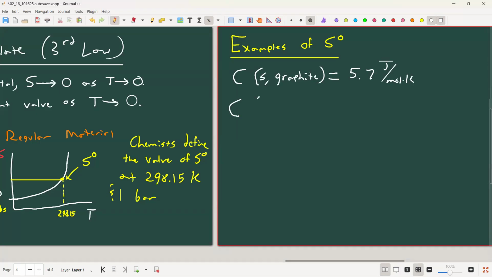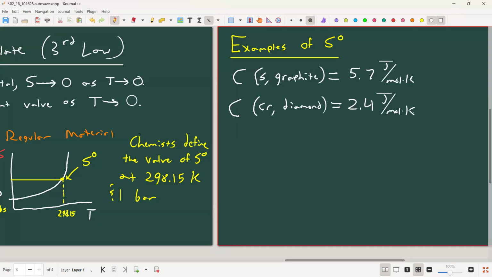For diamond, which is a crystal, the entropy is 2.4 joules per mole Kelvin. So it's not exactly zero. But you take a diamond, you take it all the way down to the lowest possible temperature, and its entropy is 2.4. It's just the absolute limit.